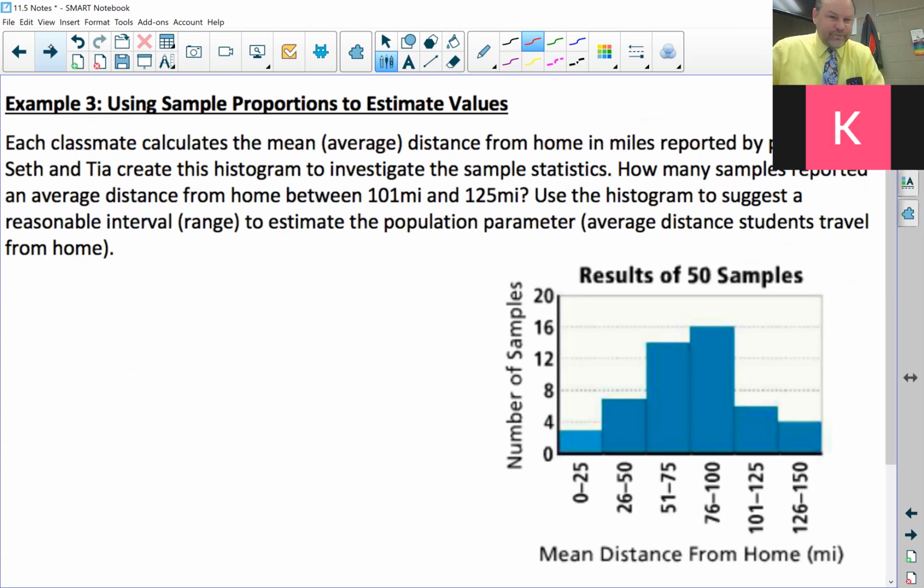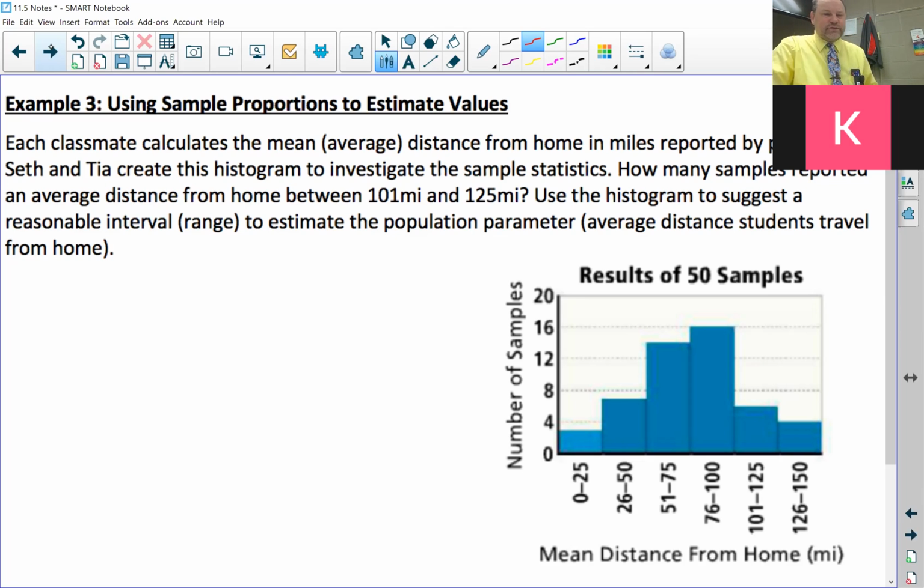Each classmate calculates the mean or the average distance from home in miles reported by participants in their survey. Seth and Tia create this histogram to investigate the sample statistics. How many samples reported an average distance from home between 101 and 125 miles?